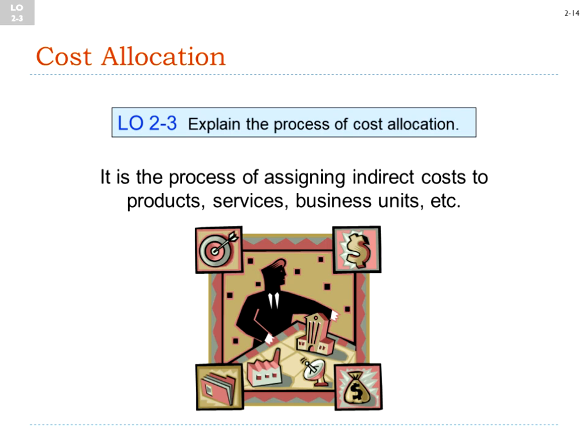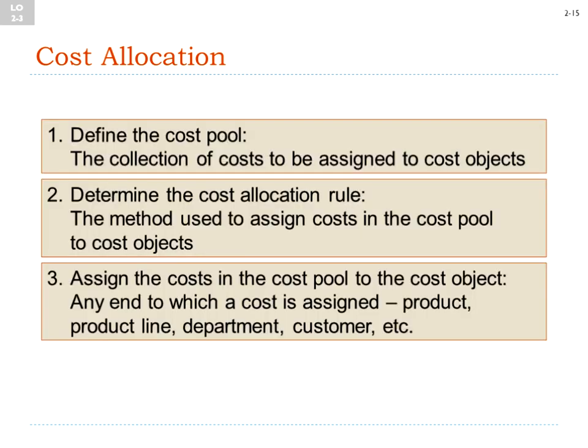Step number 1 is we're going to define the cost pool, which is a collection of all the indirect costs to be assigned to the cost object. We're going to determine how we're going to allocate these costs, and then finally we're going to actually assign the costs to the cost object. Here are the steps on this slide.